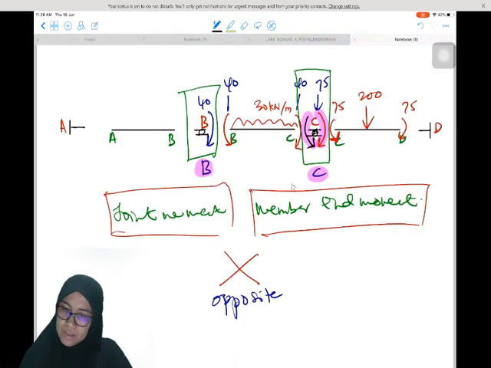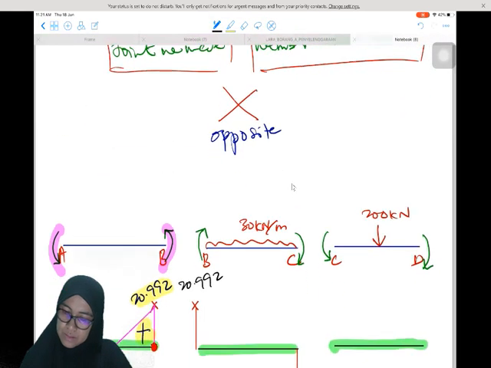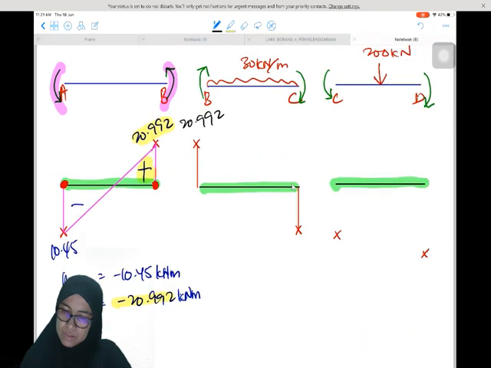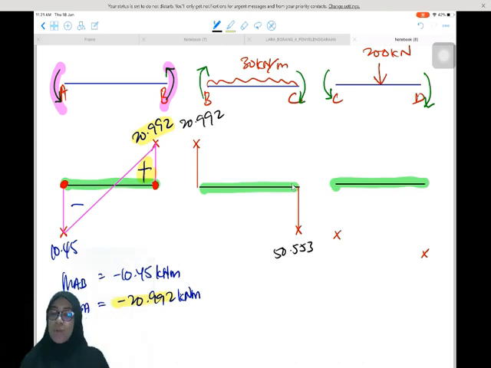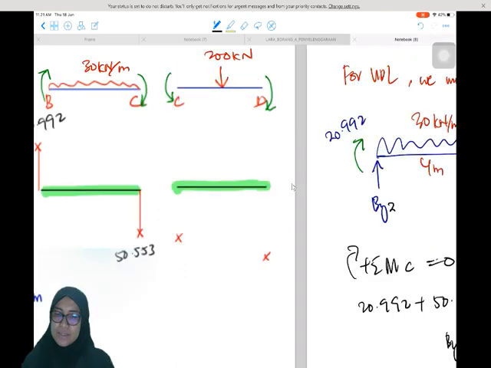50.553. Okay, now we want to check whether we get the 50.553 or not using the area of the shear force diagram. Okay, so we will start with positive 20.992 plus the area.